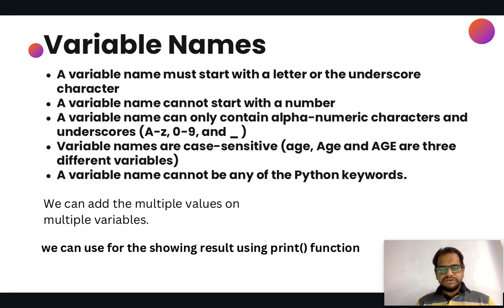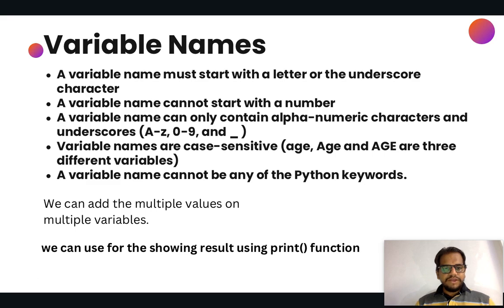Like age is a different variable, Age with a capital A is a different variable, and AGE in capitals is also a different variable. It means they are three different variables, right? They are not the same because the spelling is different, capital and small.